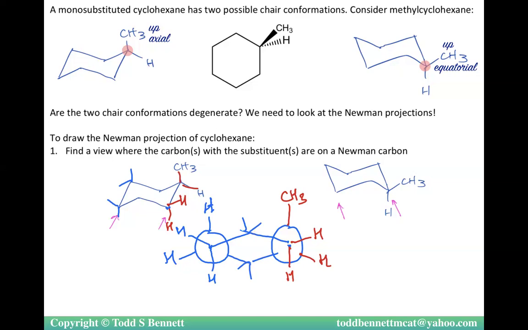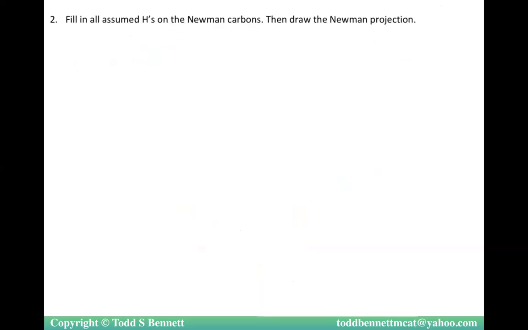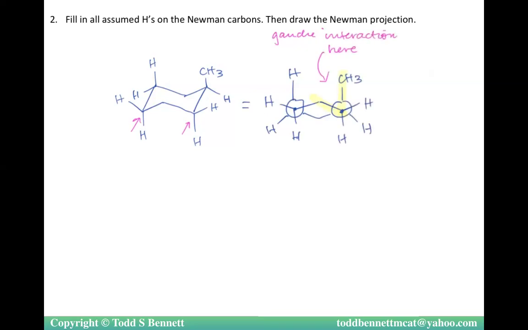And just want to emphasize that this part we don't care about, but this we do care about. So for this one, I drew the axial. So axial, those two can run into each other. Okay. Fill all assumed H's on the Newman carbons, then go ahead and draw it. So here it is again. Going to hopefully have a computer generated version now to cover up my bad drawing.